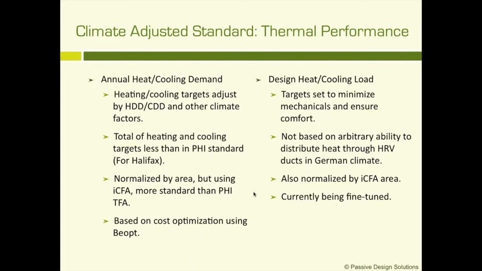I'm not sure exactly how they fare in other places, but we have about 1 kilowatt-hour for cooling and about 20 for heating. So we have a total of 21, whereas the European standard would allow 30 total for those two things in combination.